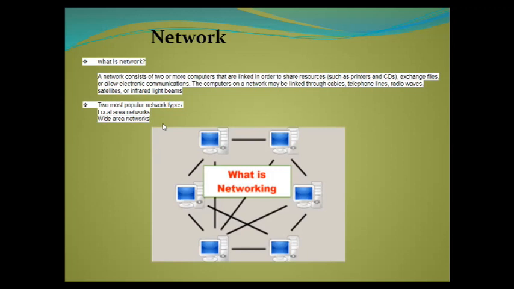That means it could be text, like whatever we're doing on Facebook, or messenger and that kind of thing. There are two most popular network types, which are the local area network, or LAN, and the second one is the wide area network, which is WAN.